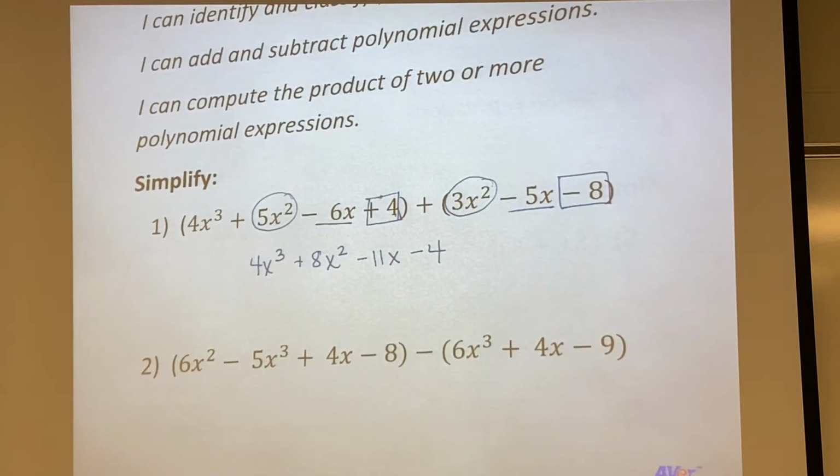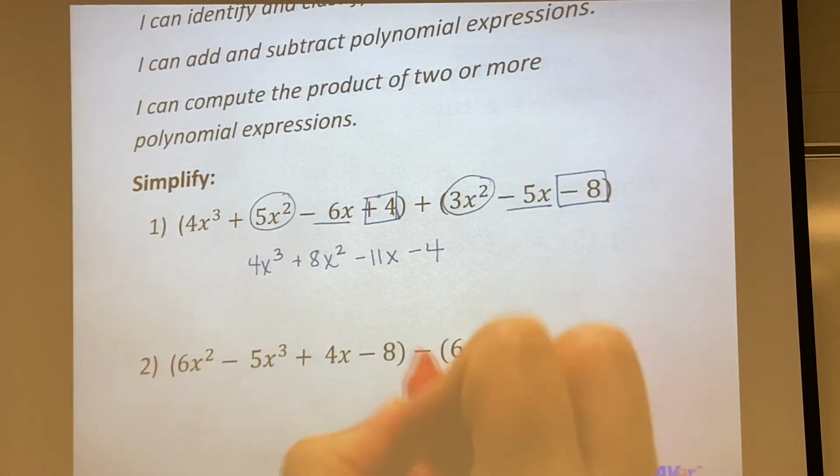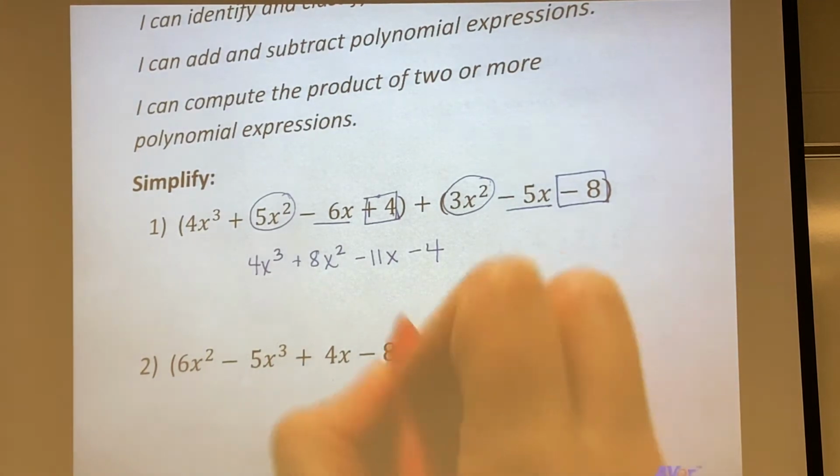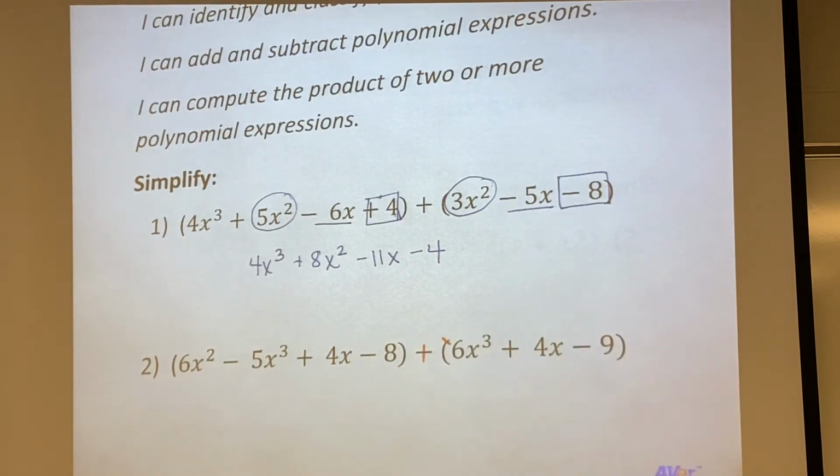Let's take a look at number 2. This one is a subtraction problem. And we have to be careful on subtraction because we subtract everything in the second polynomial. So this subtraction sign here, we have to carry all the way through. So what I do at the very beginning, when I'm writing the problem down, or just after, I change this to a plus sign and I make everything inside the opposite.